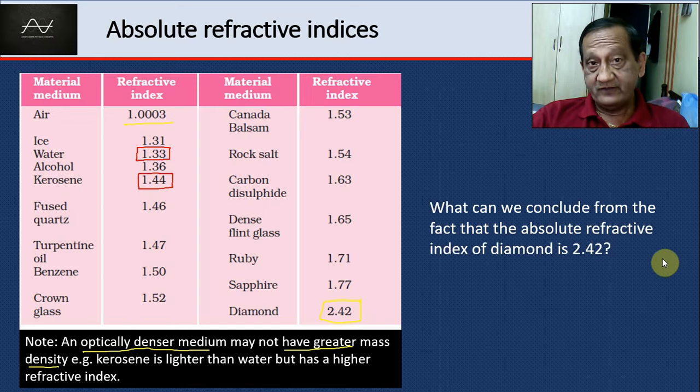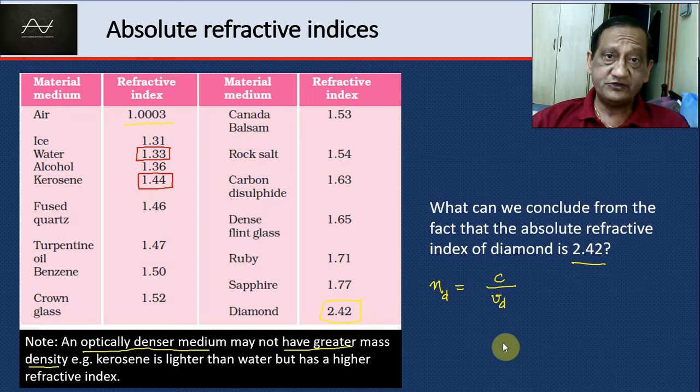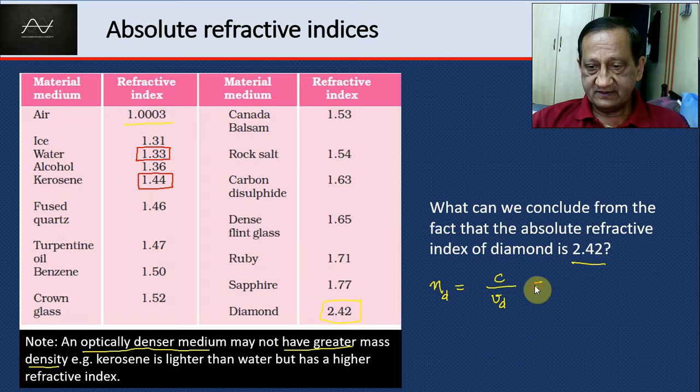What can we conclude from the fact that the absolute refractive index of diamond is 2.42? What is the meaning of this? So, n of diamond is speed in air divided by the speed in diamond. That is the definition of absolute refractive index, and that is given to be 2.42. That means the speed of light in diamond is 1 by 2.42 times the speed of light in air.